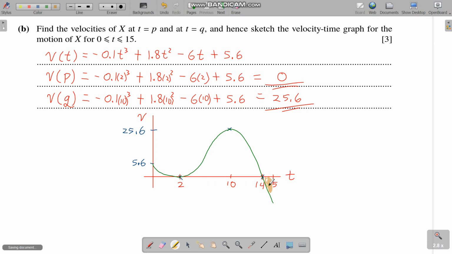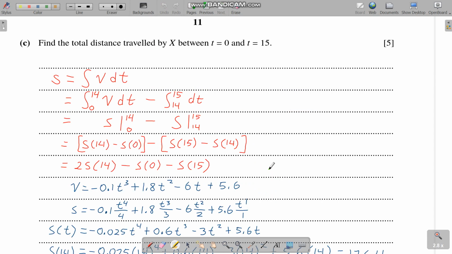So to find the distance, we need to use the positive value of the integration minus this negative value of the integration. Okay, so that's why we're doing 0 to 14 minus 14 to 15. Because from here we're going to get something negative, from here something positive. The total distance is whatever positive from here plus something positive also.